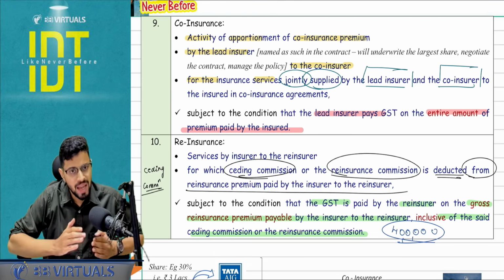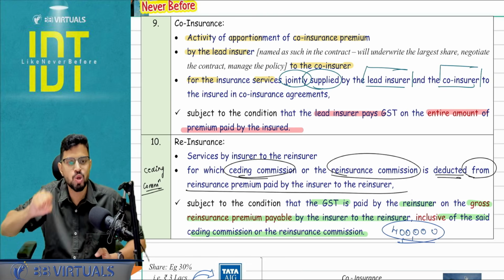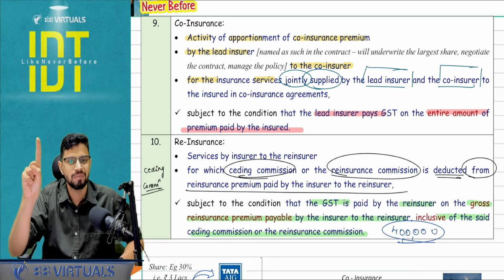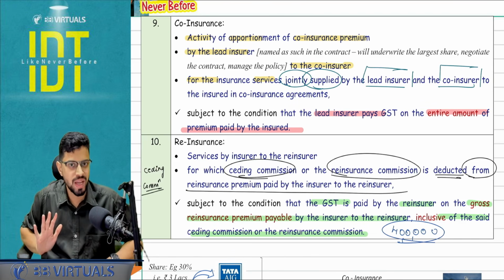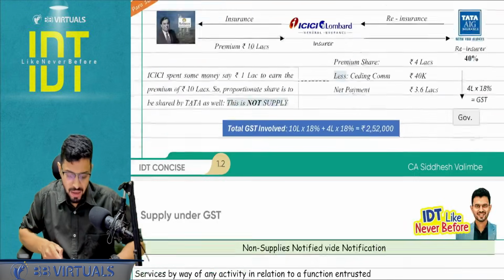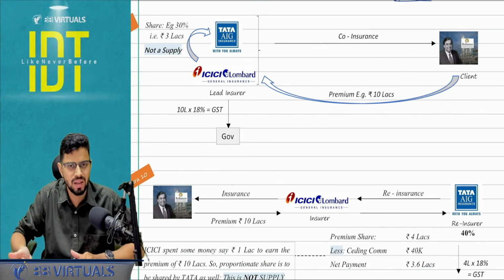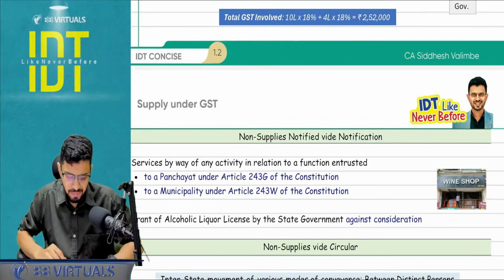Numerical if it comes, MCQ if it comes, you should have a complete grip upon the figures, that what transaction is taking place. That much you have to do. Okay? Para 9 and 10 done. Do this. Example you can review at home. It is the same example, just in a better, colorful format.